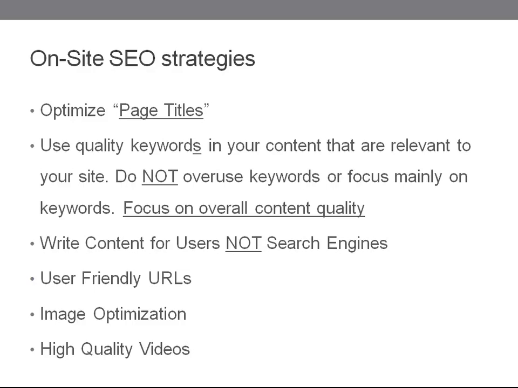So some of the effective on-site strategies are optimizing page titles. Page titles are what you see, let's say when you open a new tab in Chrome or Firefox. You'll see a title, some content in that tab, and that's usually the page title.